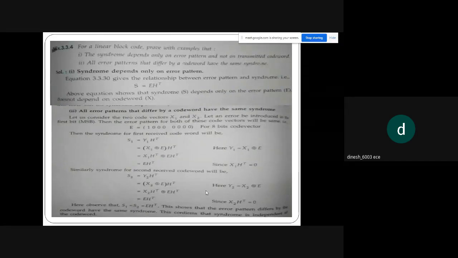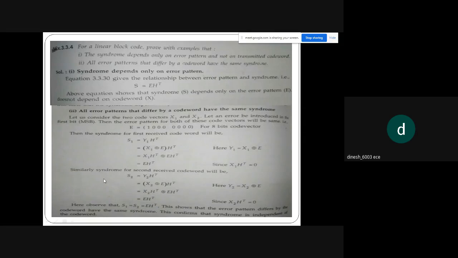Y1 is X1 modulo 2 addition E, times H transpose. Then multiply this H transpose inside. So X1 H transpose modulo 2 addition E H transpose. Since we all know that X H transpose is always 0 for a code vector, X1 H transpose will be 0. So we get E H transpose.